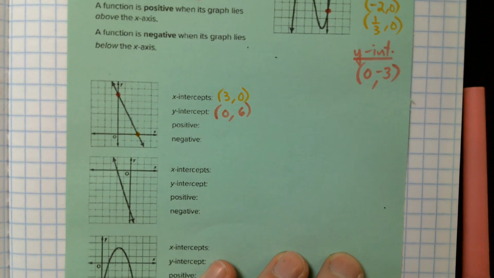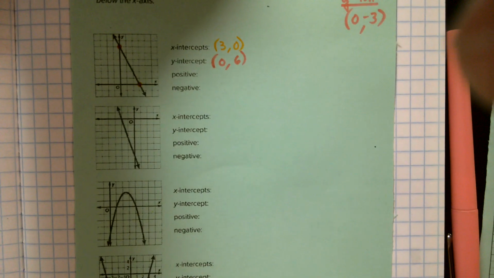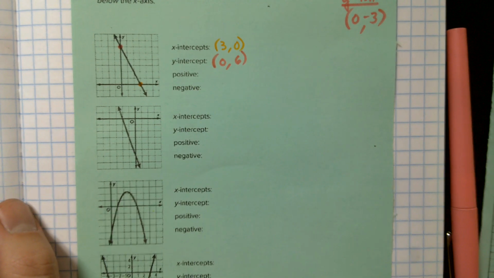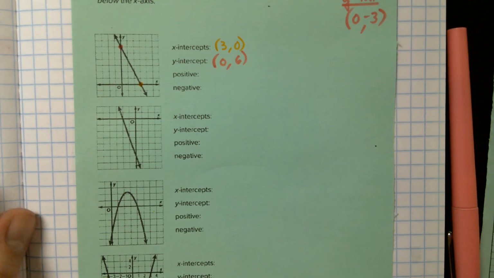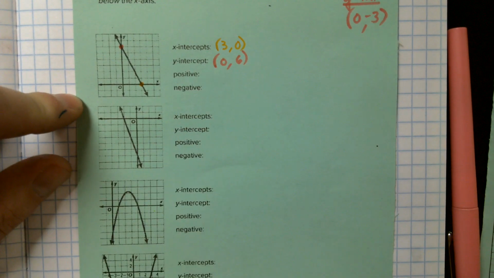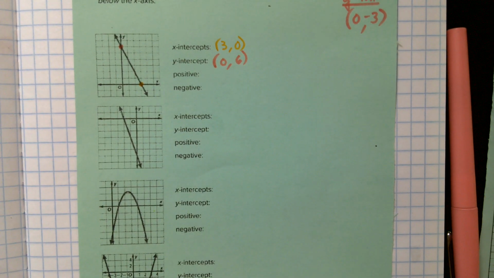Okay? Real quick, find the x and y intercepts for this third function, this other linear function. This should be one of each.